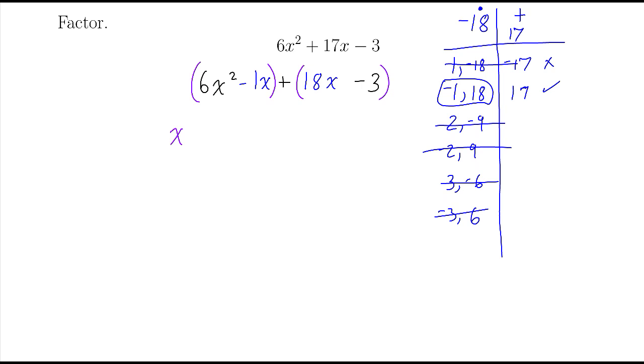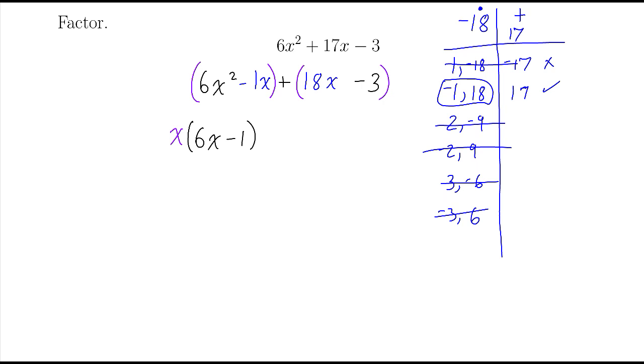Well, let's say I'm dividing that x out. I'm factoring it out. If I divide out that x, what am I going to be left with? Well, 6x squared divided by x is just 6x. And negative 1x divided by x is negative 1. Now what about between 18x and negative 3?